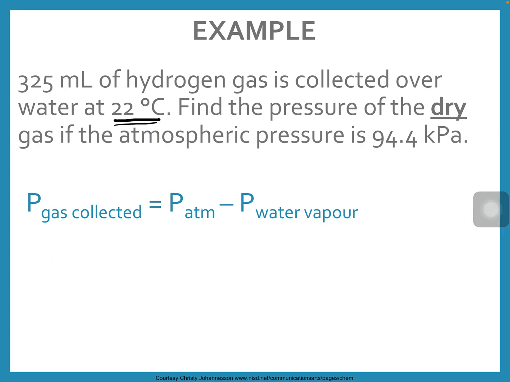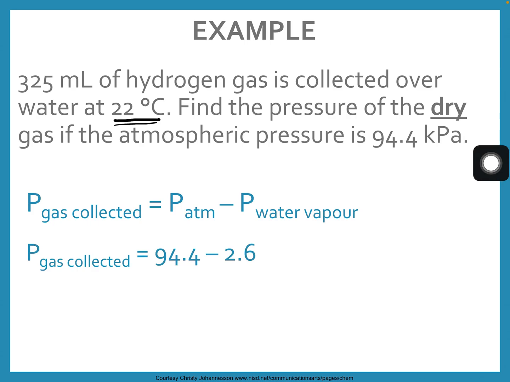So the partial pressure of the gas is the atmospheric pressure, subtract the partial pressure of the water vapor. So atmospheric pressure I have there, and partial pressure of water vapor we looked up in that table, which was 2.6. And so the pressure of the gas collected then is equal to 91.8 kilopascals.